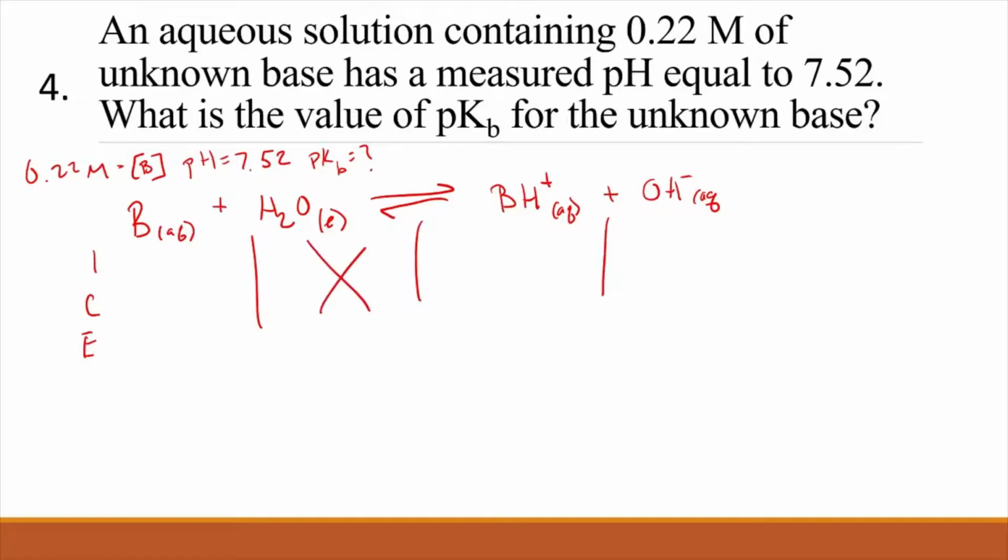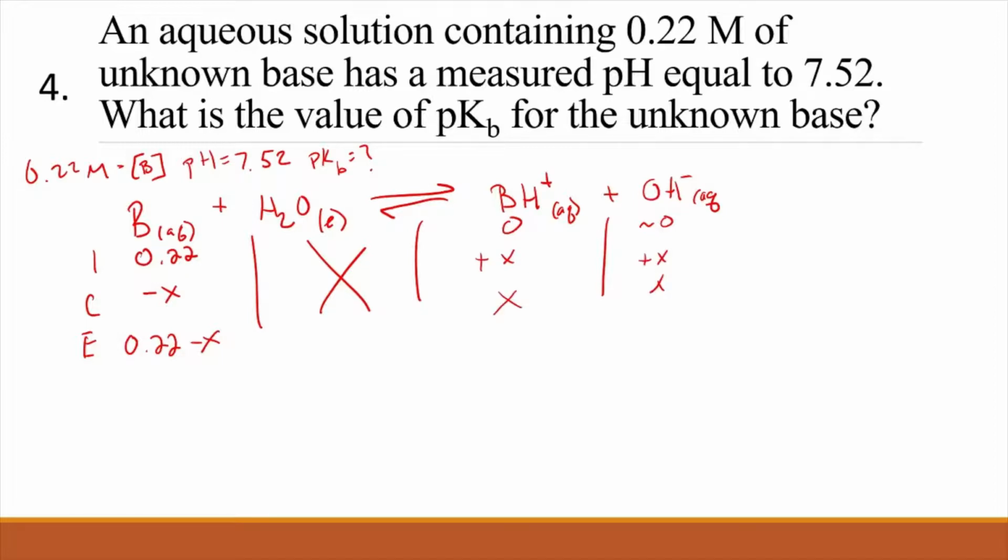Water doesn't work in the ICE table because it's a liquid. So the starting concentration of our base is 0.22 molar, and it's losing some X amount to end with 0.22 minus X. For our BH plus, we're going to approximate, that one starts at 0, and hydroxide we approximate to 0, plus X, X, X.